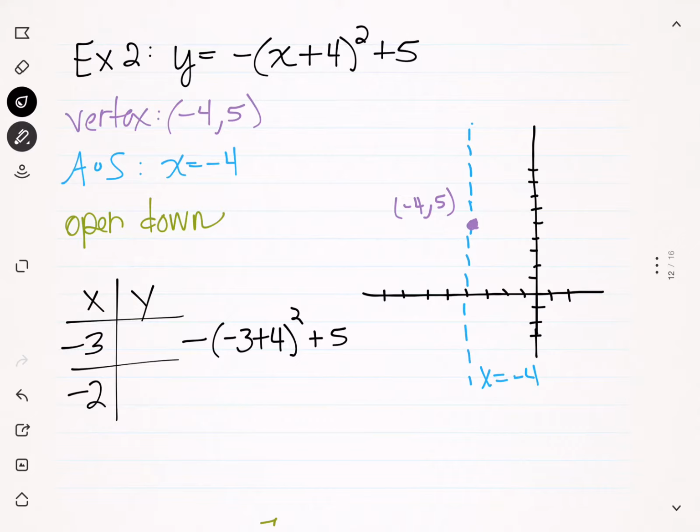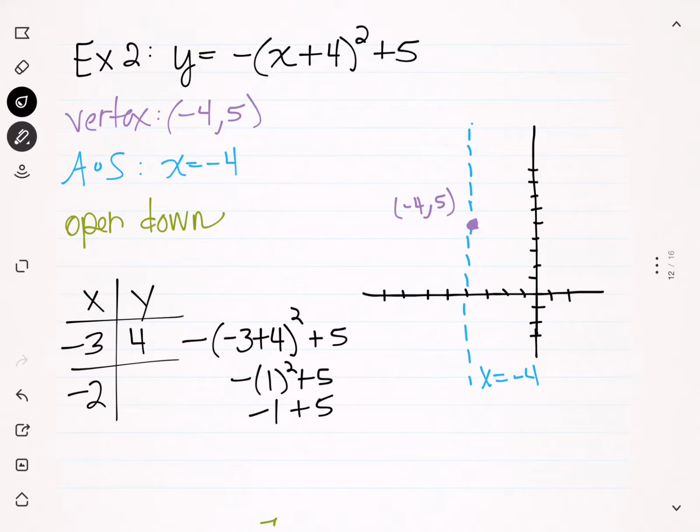On the inside of the parentheses, negative 3 plus 4 is a positive 1. So I have a negative and then a positive 1 squared plus 5. Positive 1 squared is positive 1. And then we have to multiply by a negative 1. Negative 1 plus 5 is a positive 4.